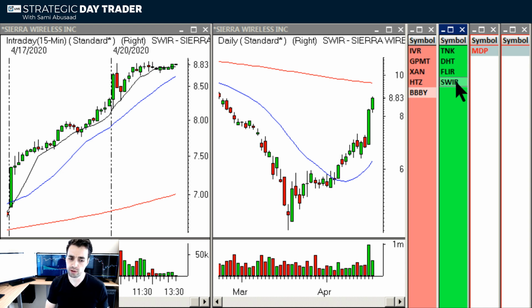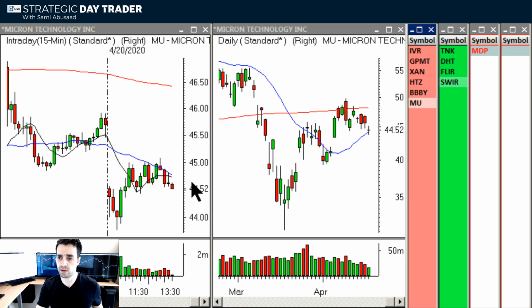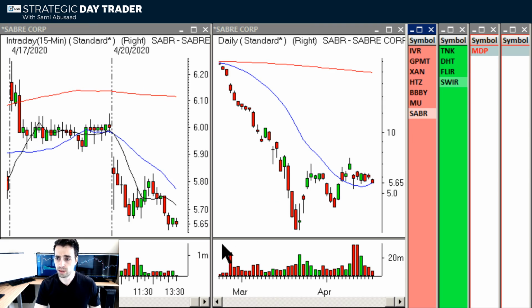Look at the daily chart though, it's up a lot, so that would be hard to do. Some bearish items would be like the MU's bearish, declining 20. Stock is below it, so that's good, but it's also sloppy, very, very sloppy. Saber's weak, very weak. So anything that stands out, and any pullbacks and any breakouts.